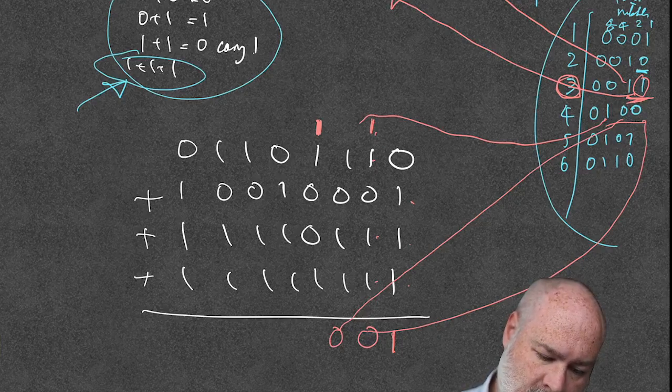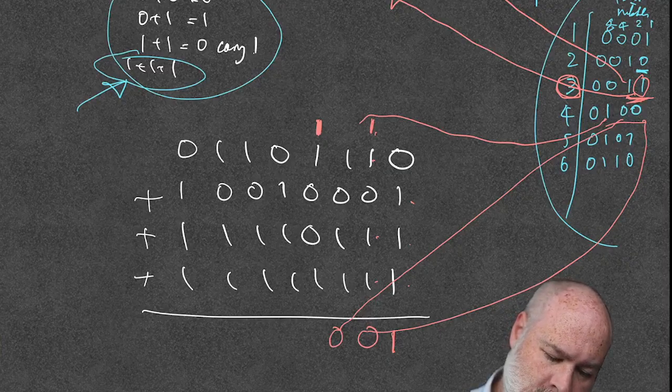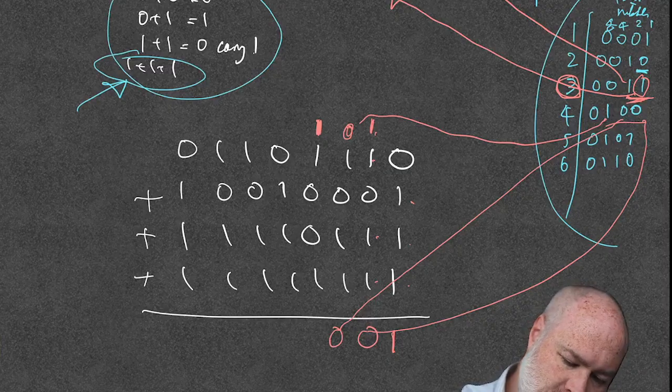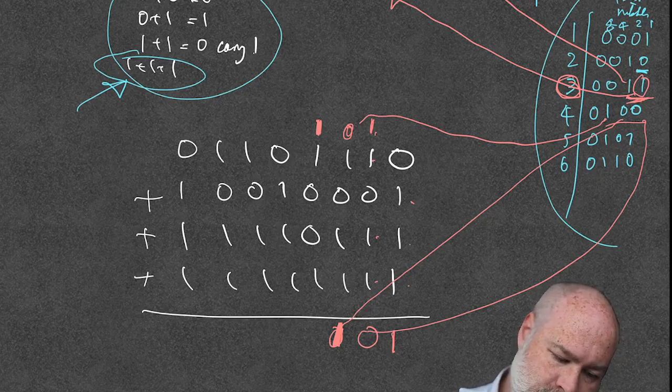So that 0, I probably should have put it up there as a carry, because that's going to get replaced by a 1 now, because I've got 1 and 1. Okay, so we've got another 1 to put in here.